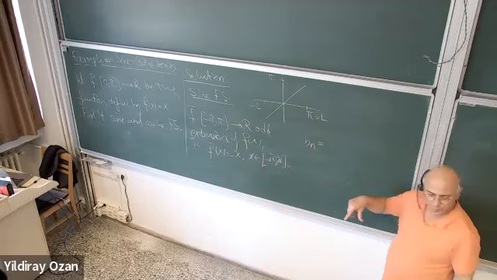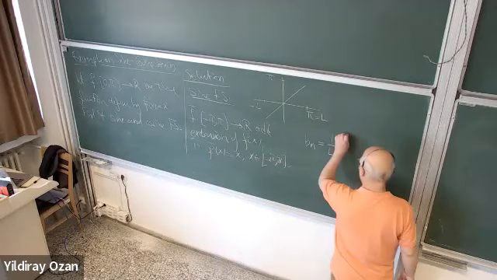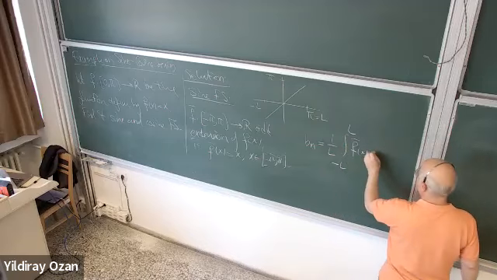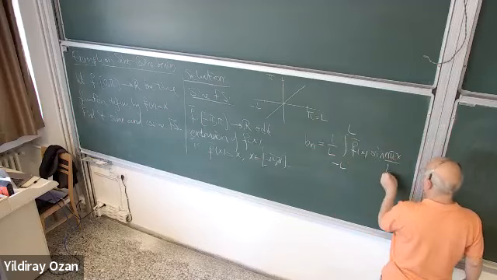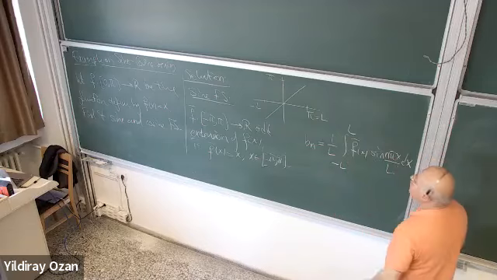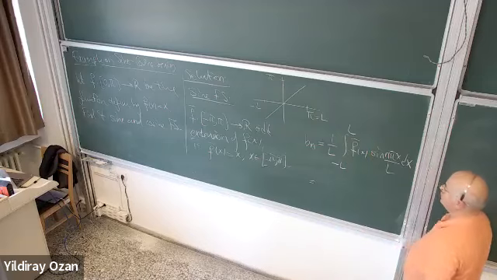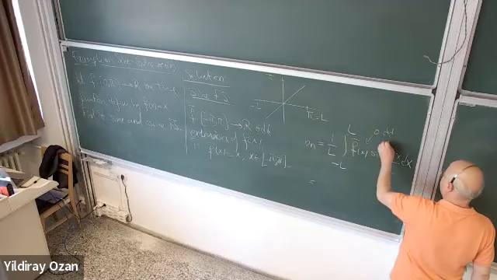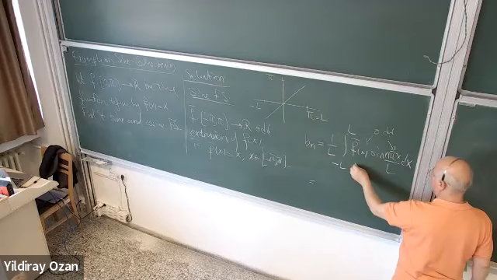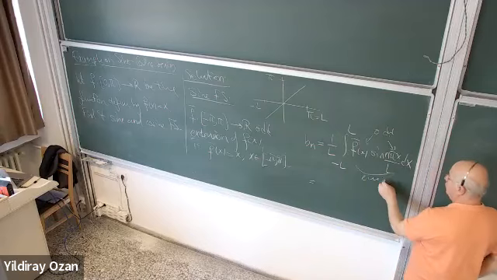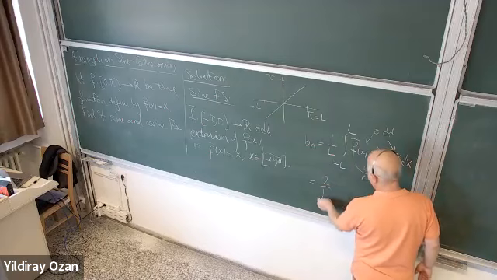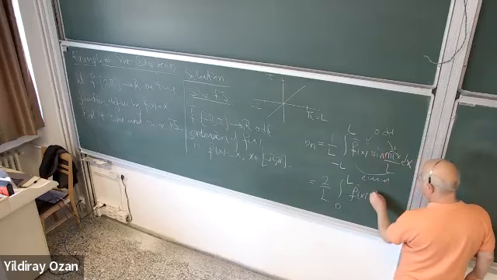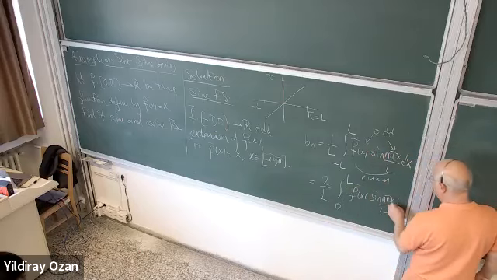They are 1 over L, integral from minus L to L, f bar x sine n pi x over L dx. Since this is an odd function and this is odd, the product is even. Therefore, this is just 2 times the integral from 0 to L of f bar x sine n pi x over L dx.